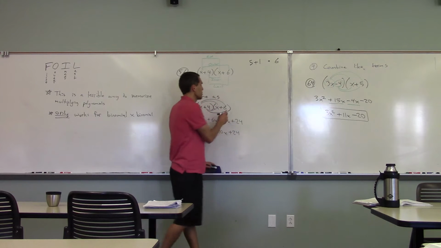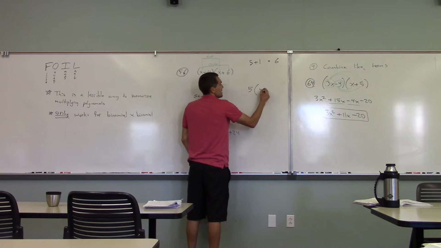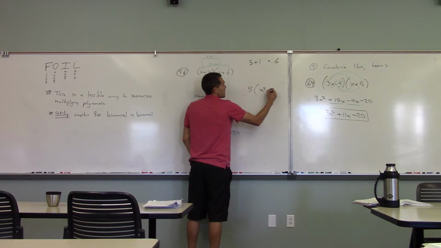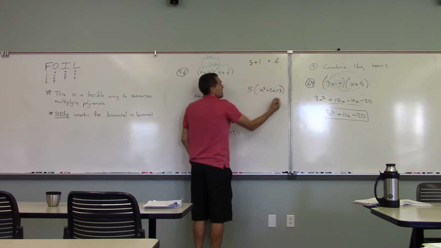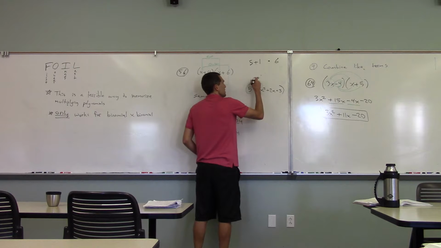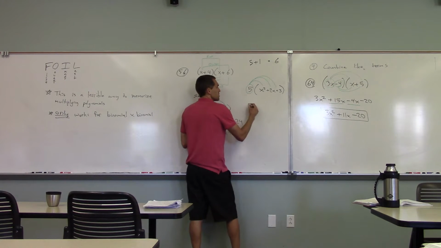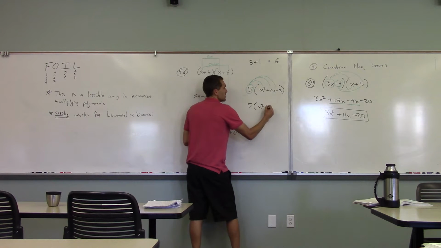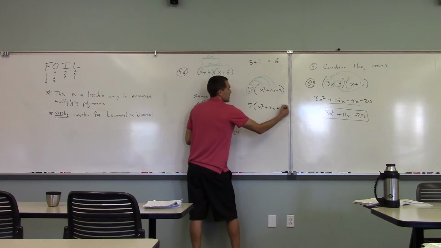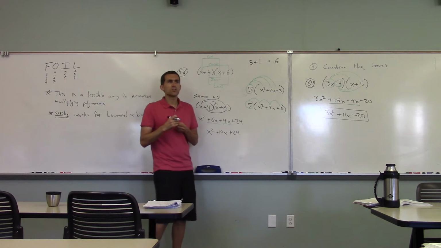Same thing when people do distribution and you have, well, let's just say we're distributing 5 into x squared plus 2x plus 3. You shouldn't be saying I'm sending this 5 in to all 3. What I mistakenly see people do, I don't know who they learned this from, but they mistakenly say the 5 goes like that. And then to me that's super misleading.